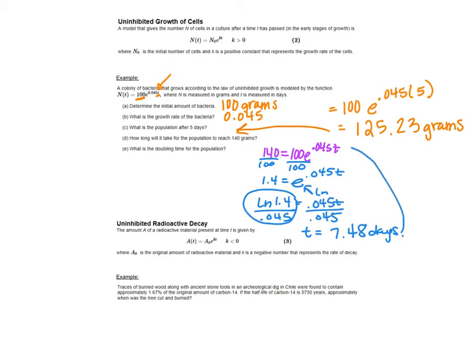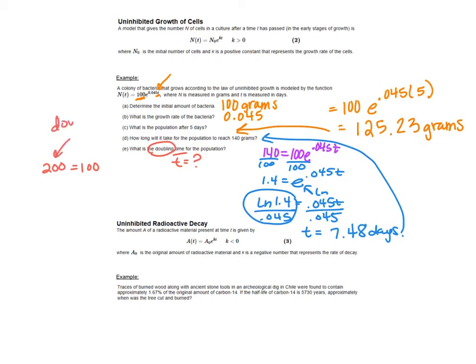The last question asks me, what is the doubling time for the population? You're thinking, I probably can't do this when they didn't give me enough information, but they did. If I want to know the doubling time, first off, I'm looking for t, and I know that it has now doubled. So if the initial was 100, doubled should equal 200.